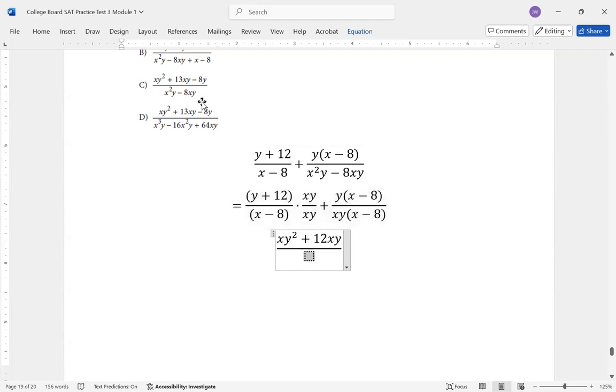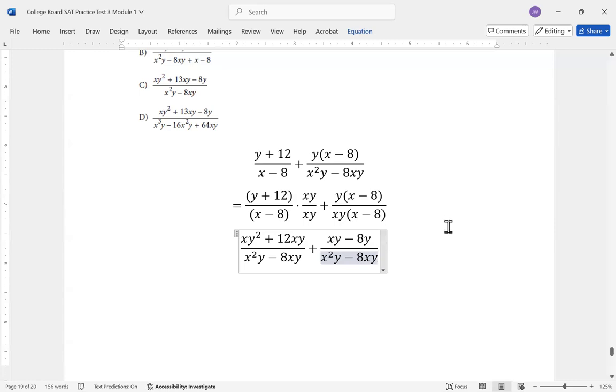Since all of my denominators have already been multiplied out, I'll multiply that out as well. That's going to be x squared y minus 8xy. And then plus, let's multiply these out. Y times x, that's x times y, minus 8y, divided by x squared y minus 8xy.